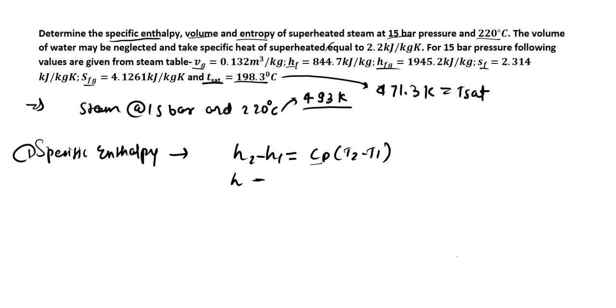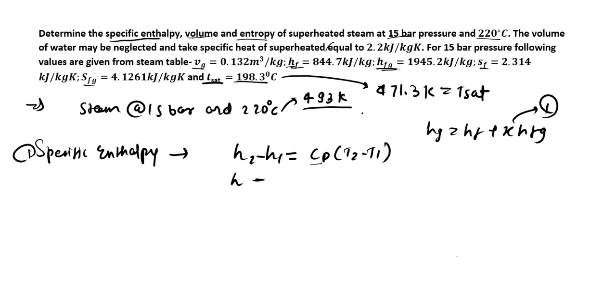At the saturation point we have Hg, so we need to find Hg. We have Hf and Hfg. We can find Hg as Hf plus x into Hfg, and put x equal to 1 because it is a saturated, dry steam.